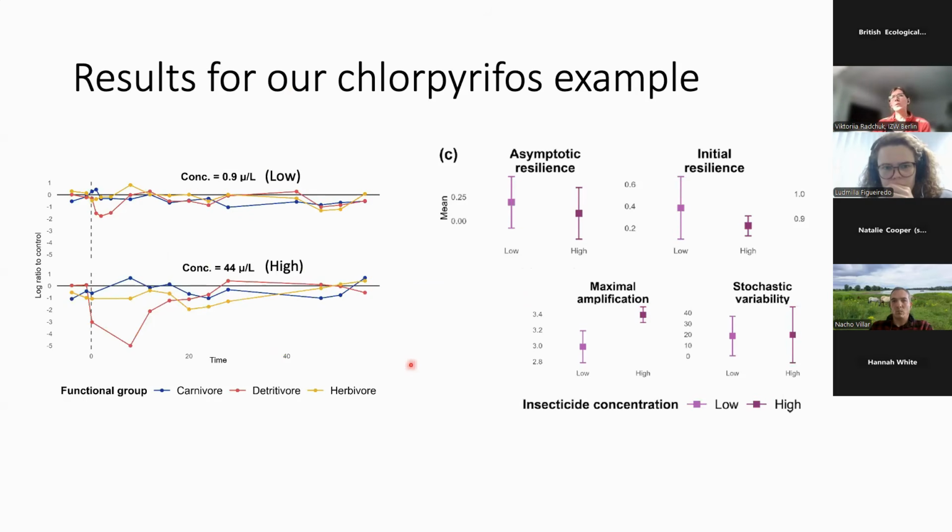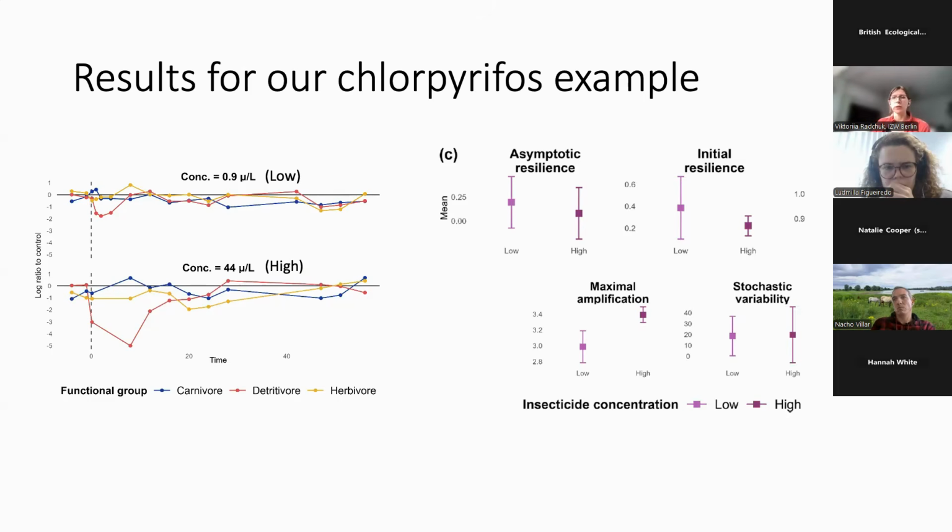And now, briefly, an example of how these metrics look when applied to our case study, where chlorpyrifos, the insecticide, as Ludmila already explained to you, was applied to freshwater invertebrate systems. We see that reactivity, for example, is much higher in the high concentration of insecticide, which means that the system is destabilized more.